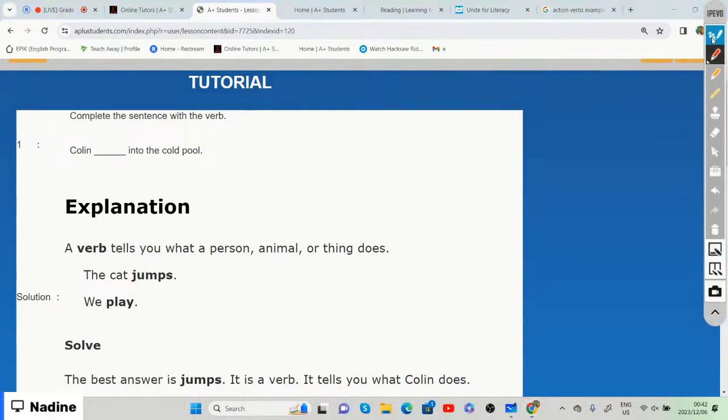So we can then say Colin jumps. So jumps is our verb.